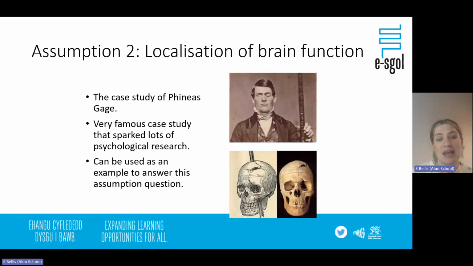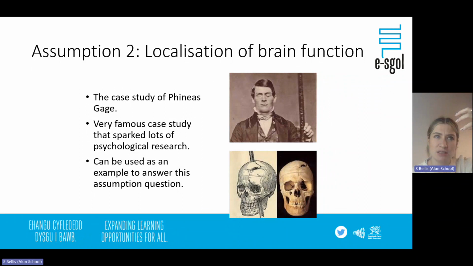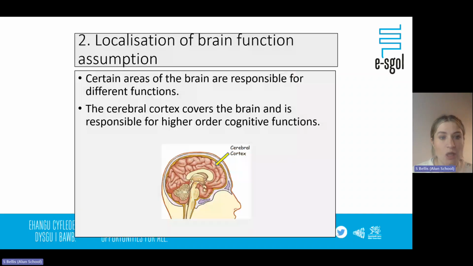So it made people realise, oh, hang on a minute, if you damage or lose a part of the front of your brain, your personality changes. So does that mean that your personality is at the front of your head? Because before that, they didn't really know very much about the brain. This was a long time ago.